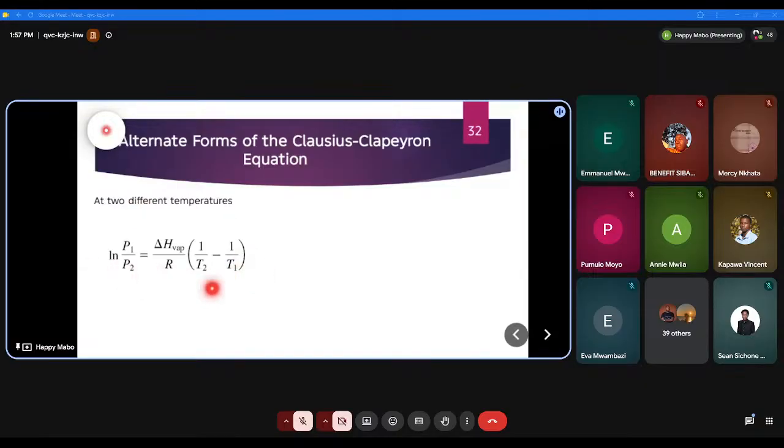With those two sets of values, you avoid having to deal with the constant. You just plug the initial partial pressure, initial temperature, final partial pressure, final temperature and the universal gas constant into this version of the equation. Then you'll be able to compute the molar heat of vaporization, which makes it easier.